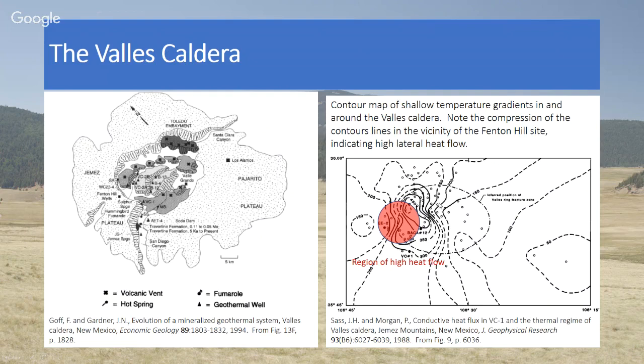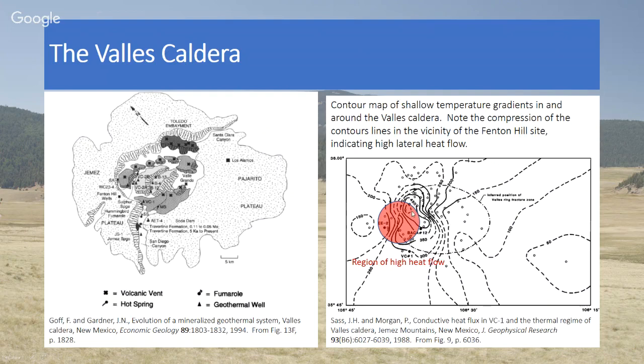And if you look at the heat flow, it's not symmetrical around the caldera. It's cool towards the east and the north, and it's high to the south. This is the direction of groundwater flow, and it parallels the direction of surface water flow through here.